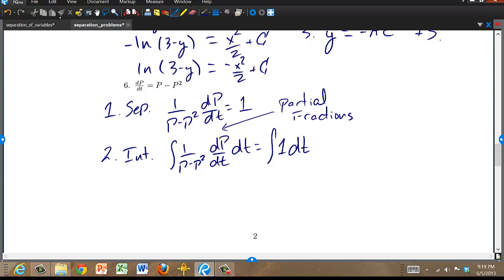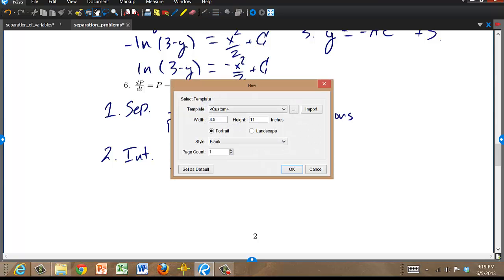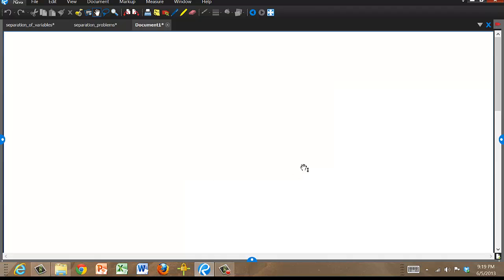And that's a quick aside. Now you need to remember how to integrate using partial fractions. I'm going to assume that you know how to do that. Okay, so we had 1 over p minus p squared. And remember, if you're doing partial fractions, what you want to do is first factor that.